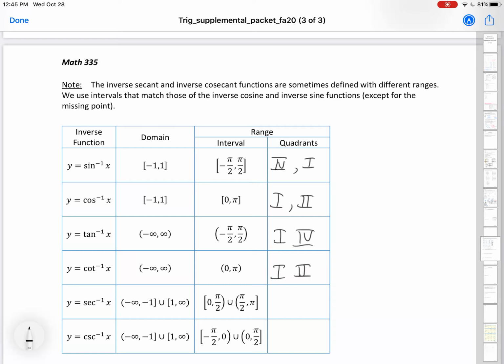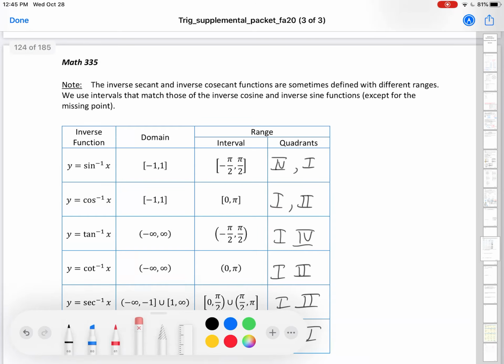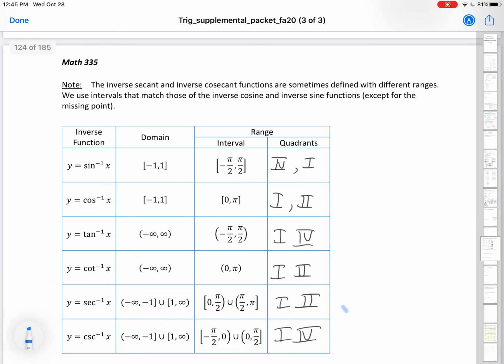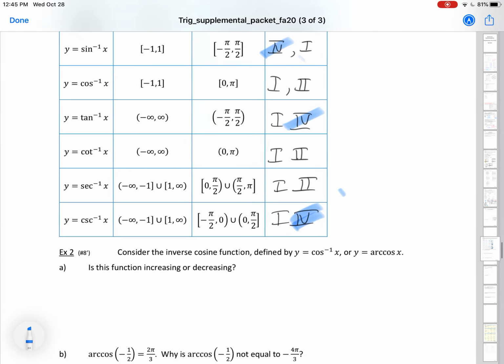Secant is going to be just like cosine, so it's going to be 1 and 2. Now notice it's being split at the pi over 2. That's because it has an asymptote there. And cosecant is 1 over sine, so that's going to be 1 and 4. Now the key part in this is that these angles that are quadrant 4 are all represented the same as a negative first quadrant angle.